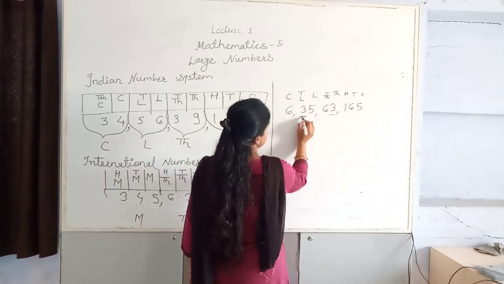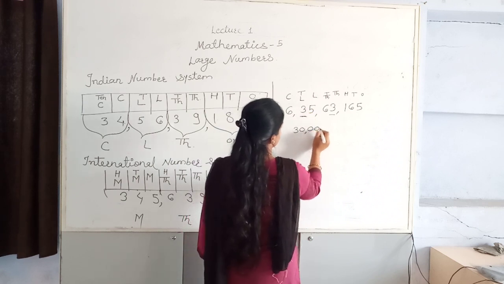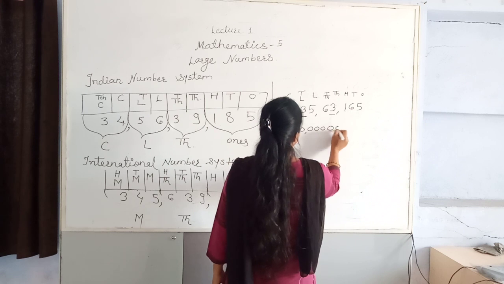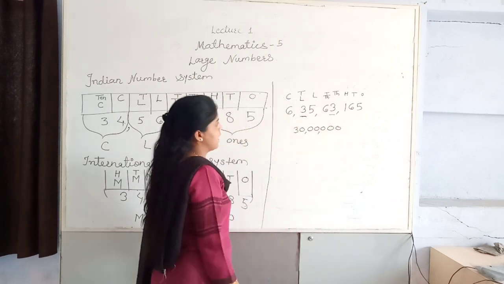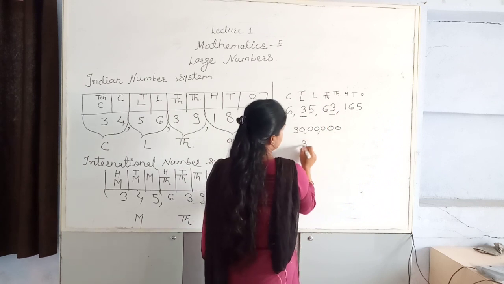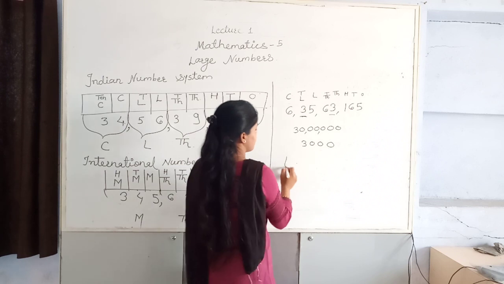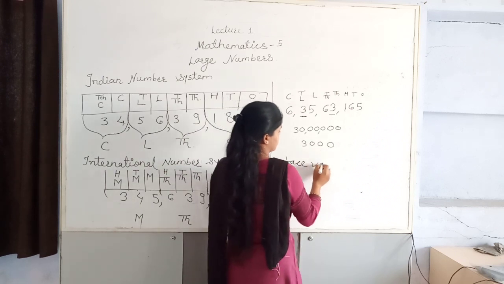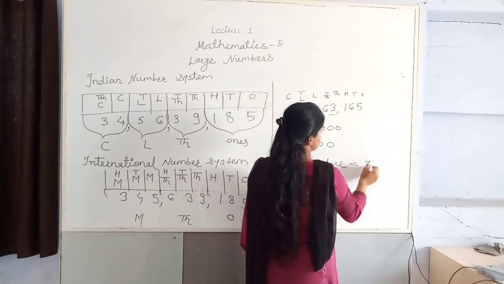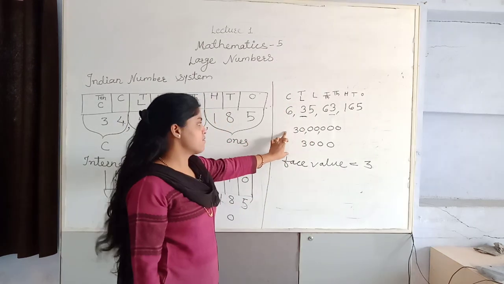So what is the place value of these 3? It is in the 10 lakh place, means its place value is 30 lakh, and this other 3 has place value 3,000, but both have face value 3 only. So both digits have face value 3, but there is a difference in their place values.